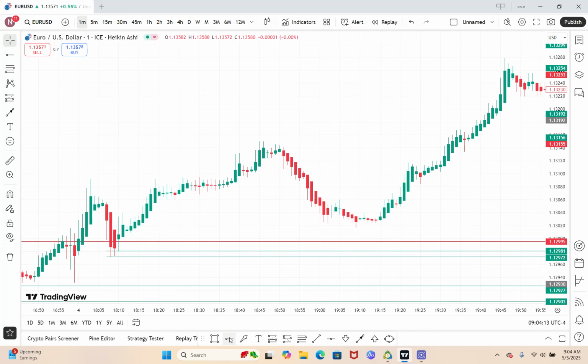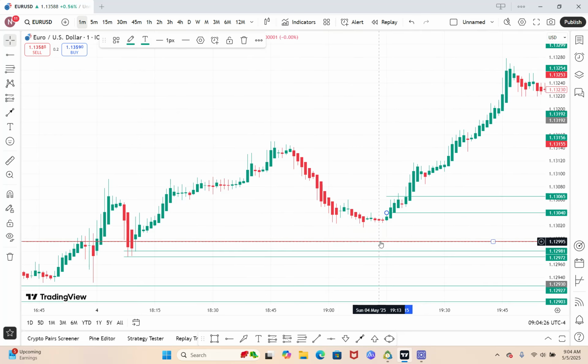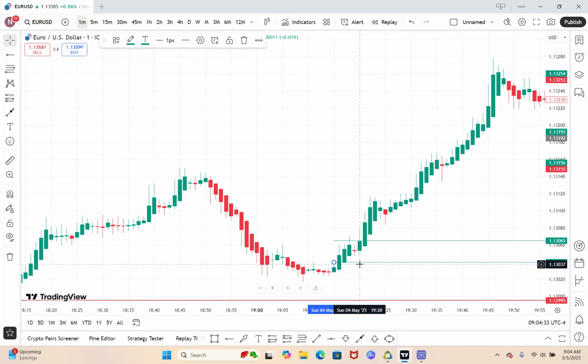Essentially, era right here seem to be an era of concern. Right here. Buyers was in control, pushing the market up. Strong bull candle, creating a structure right here. So chances are, if the market come back, more buyers will be waiting around right here.